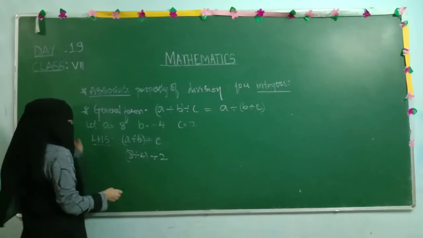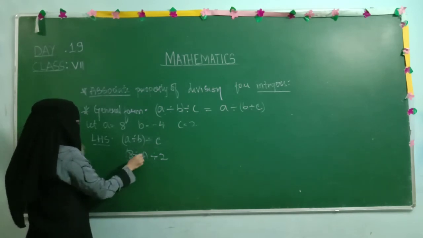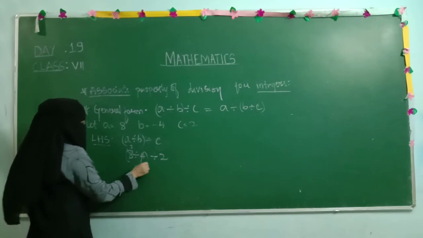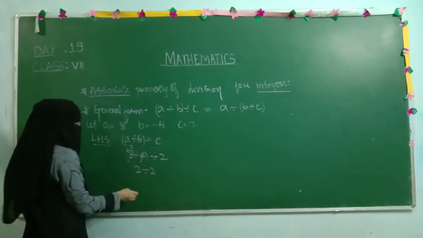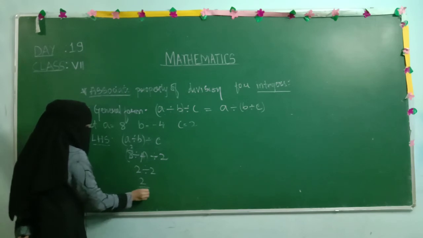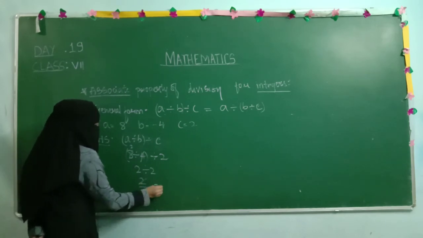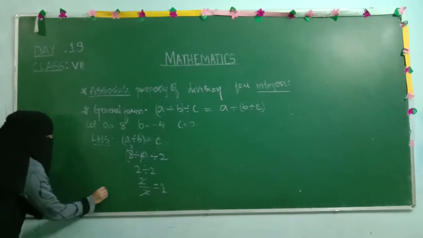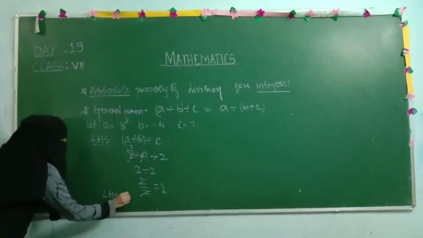So 8 divided by 4, how much is it? Yes, exactly, 4 ones are 4, 4 twos are 8. So the result we are getting here is 2. 2 divided by 2 can be written as 2 upon 2 and it gets cancelled, giving 1. Okay. So the LHS part we got as 1.